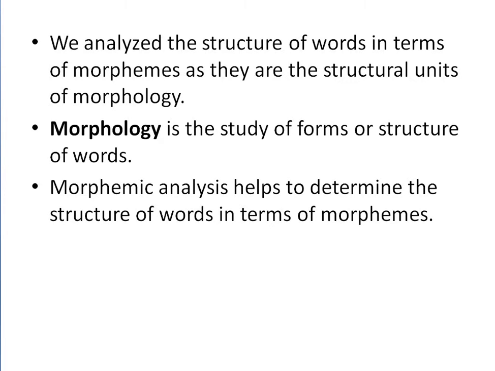We have studied previously about morphology in detail, about the morphemes, about their types, and how the types are classified. So in morphemic analysis, we are going to analyze how the words are formed with the help of morphemes, and which type of morphemes are involved in the formation of any word.